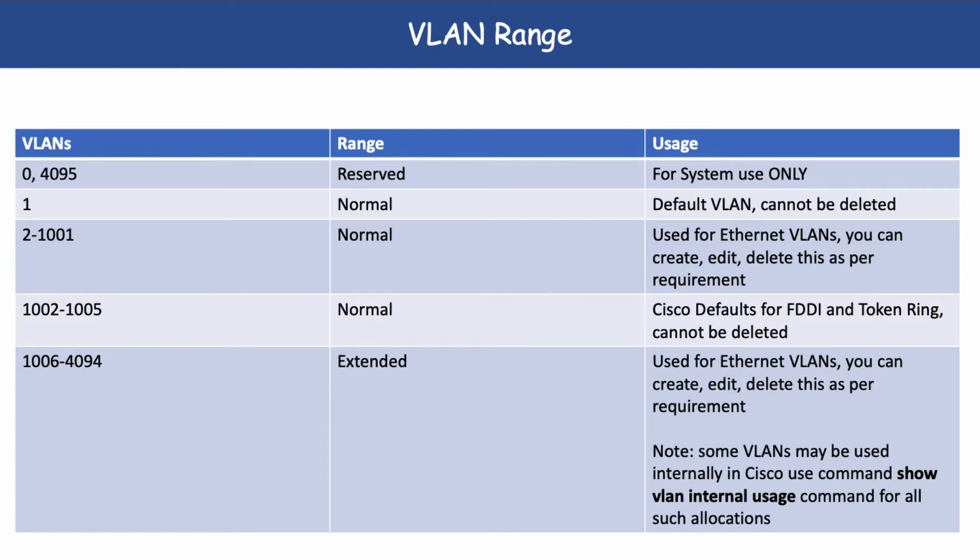The last range of 1006 to 4094 is the extended range, which is the same as the normal 2 to 1001, which you can use to create, delete, edit as per your requirement.